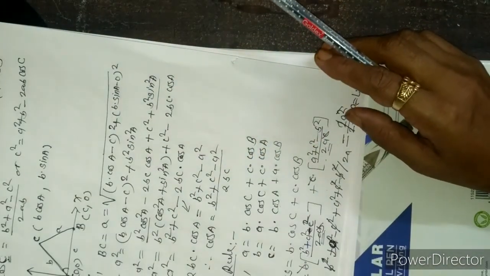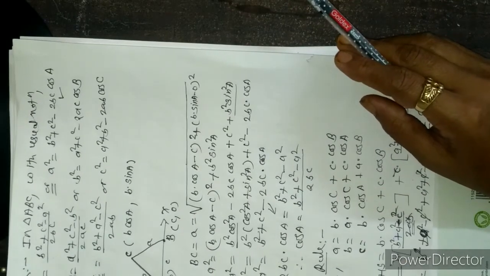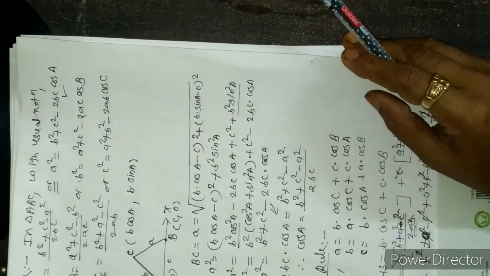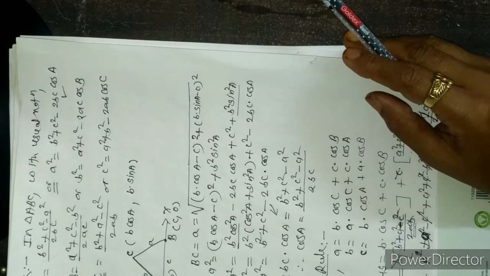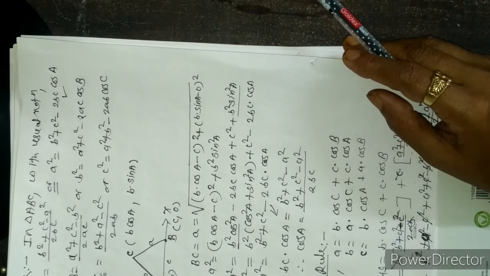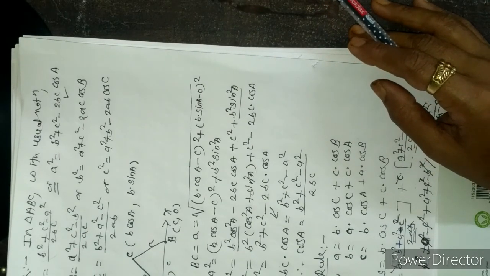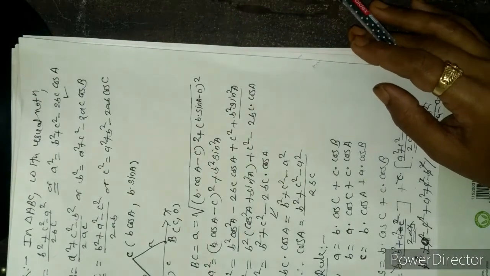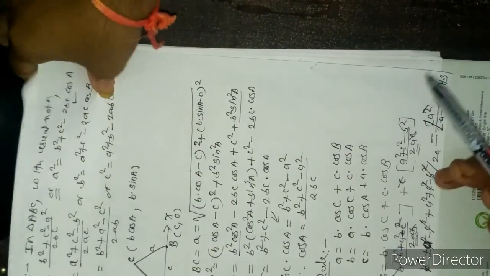But according to your competitive tests, that is the CET exam or JEE, questions are given from this application of sine rule, cosine rule and projection rule. So in the next period we see these statements for sine, half angle or Napier's analogies for using the application of these 3 rules.